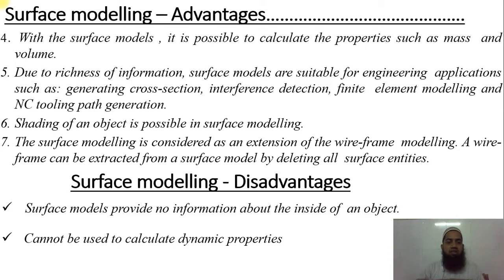That is one of the disadvantages that can be overcome in solid modeling. The second: it cannot be used to calculate dynamic properties. In this case, we can only calculate the mass and volume and properties related to the mass, but we cannot calculate the dynamic properties. So these are the advantages and disadvantages of surface modeling.